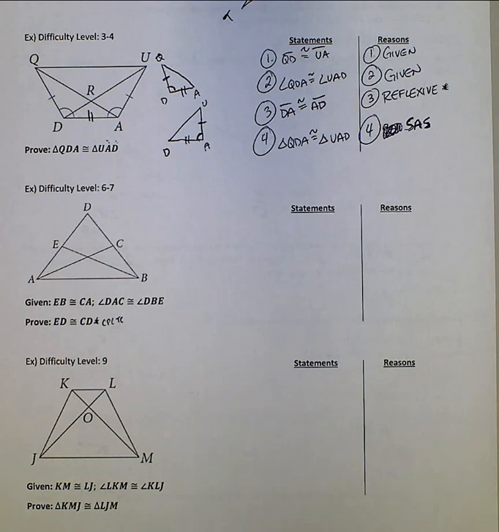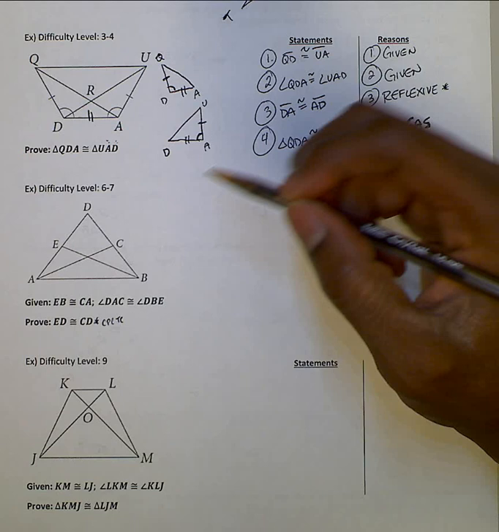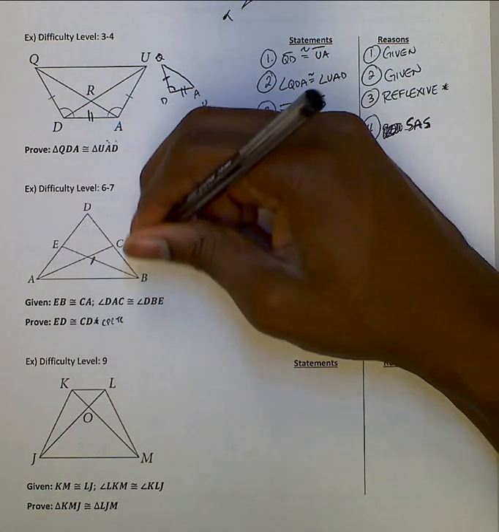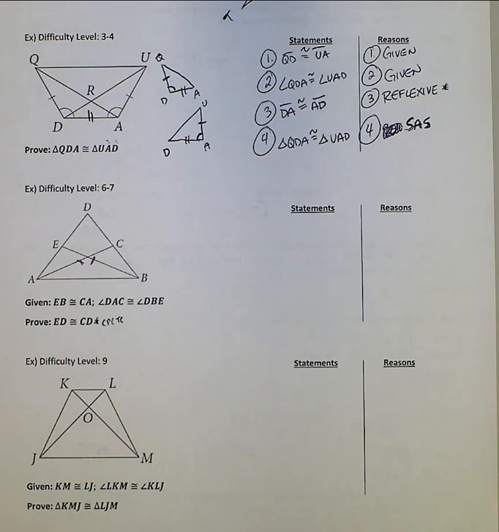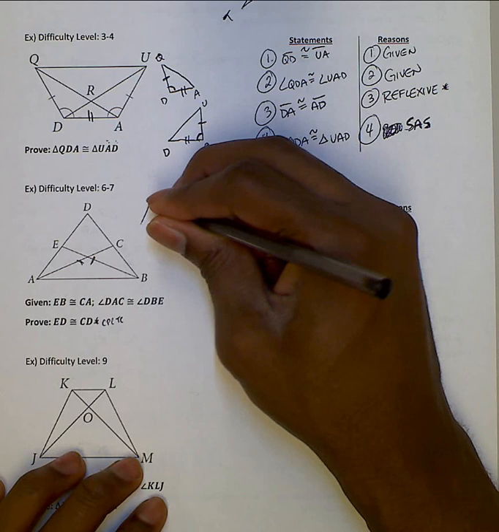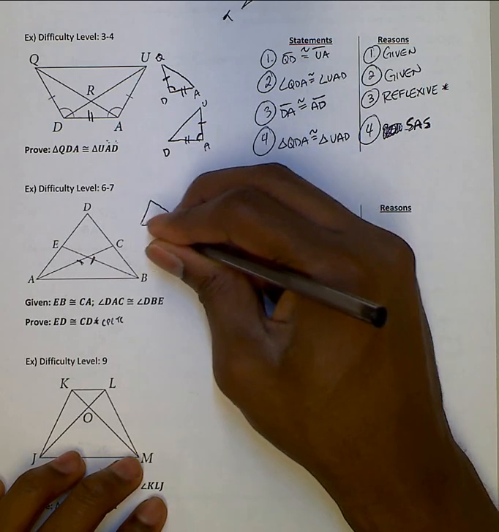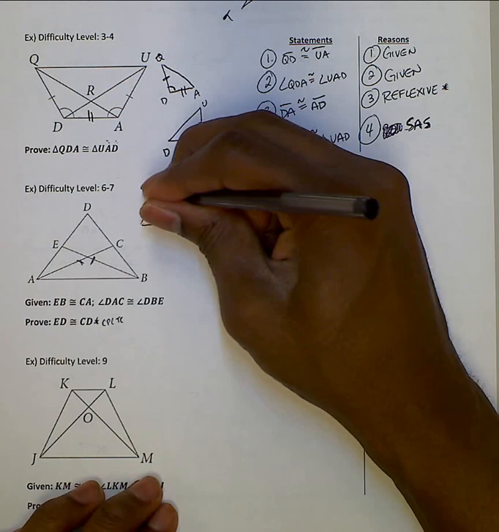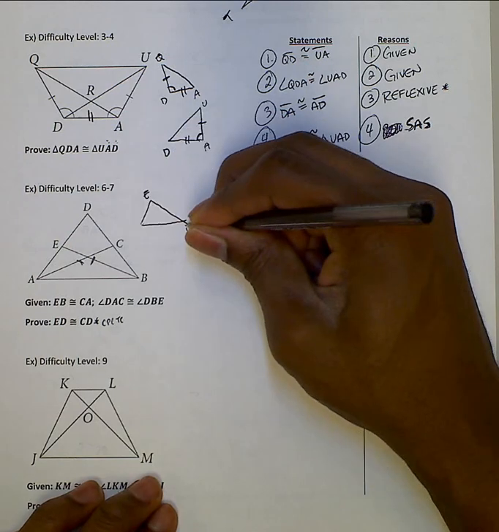So we'll start with the givens. They told us that EB is congruent to CA, EB this diagonal, CA this diagonal. It's not very helpful in the picture. So we have two options here. We could be talking about these two triangles at the bottom here, EBA and CBA.